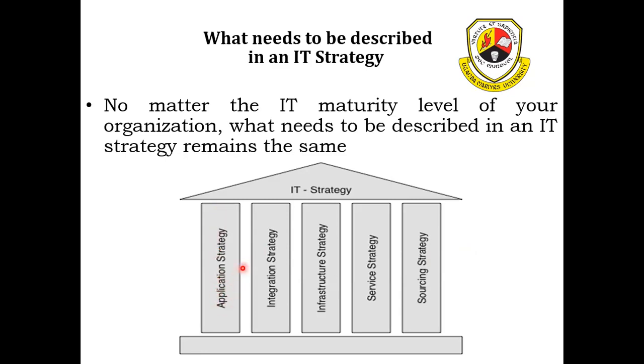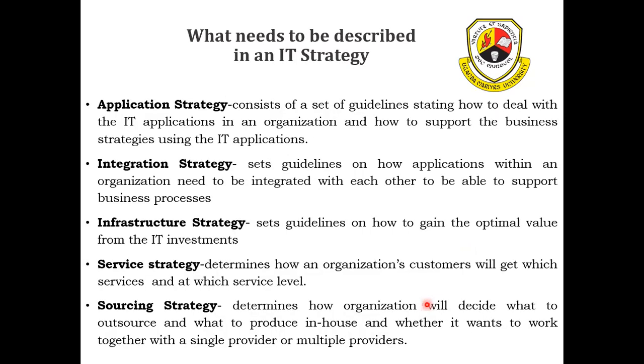It looks at applications, all the applications that are needed. Integration, that means where systems need to be integrated, where departments need to integrate. The infrastructure, services available, and the sourcing, that means where you need to outsource any kind of services.